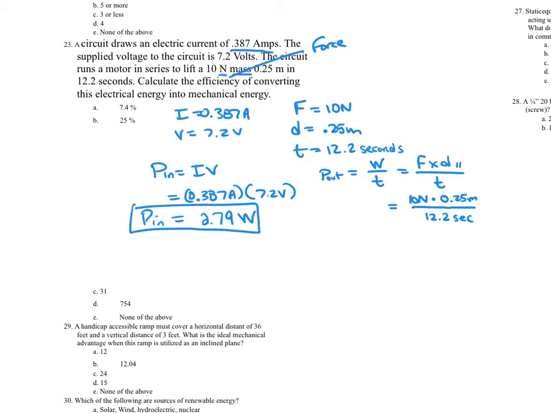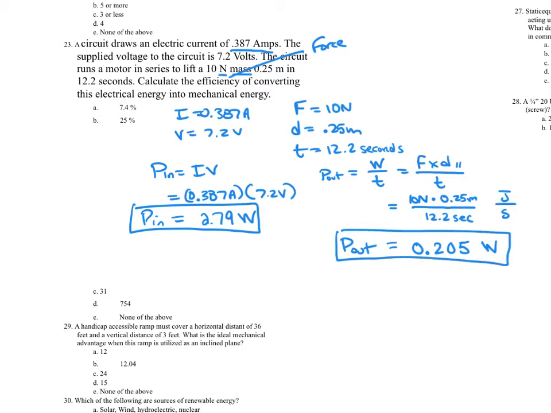In my numerator, a Newton meter is a joule, and in the denominator I end up with seconds, so a joule per second is also known as a watt. So my output power is going to equal 0.205 watts.